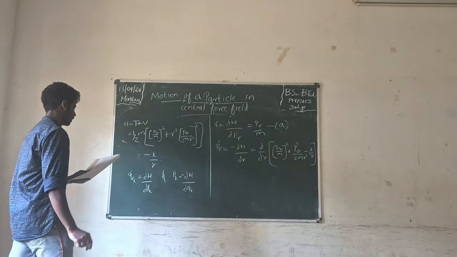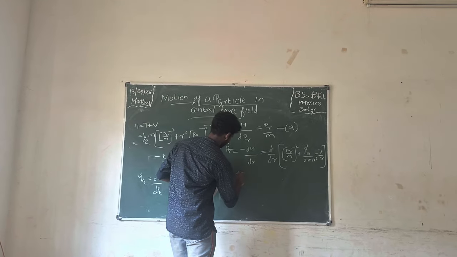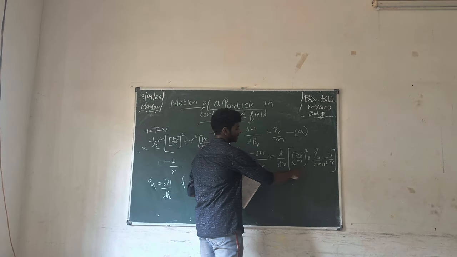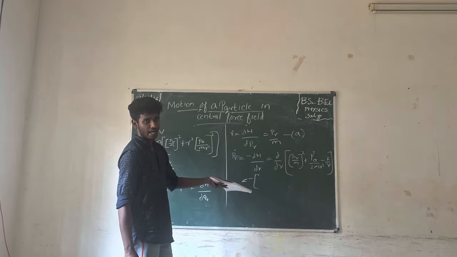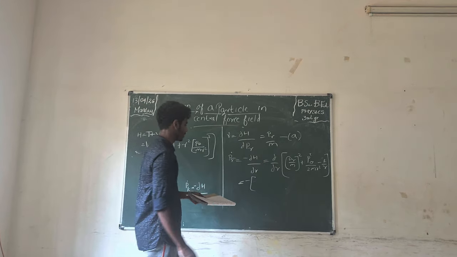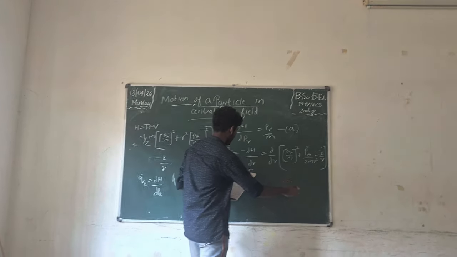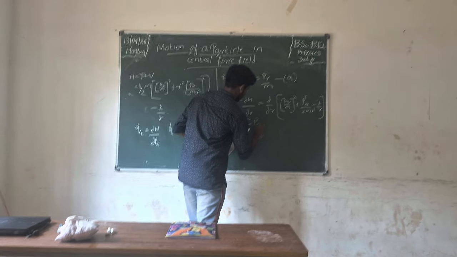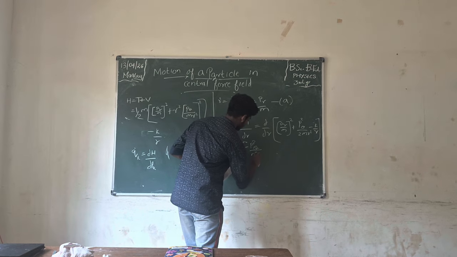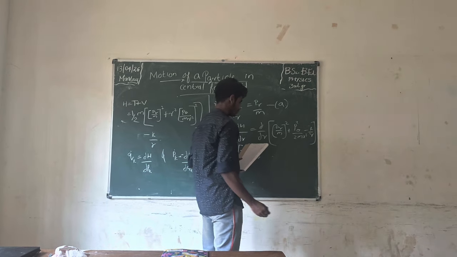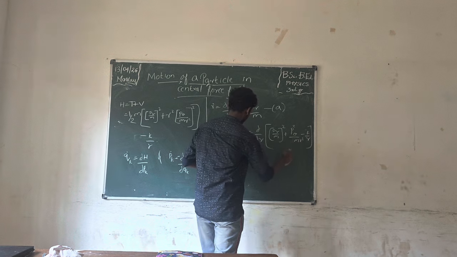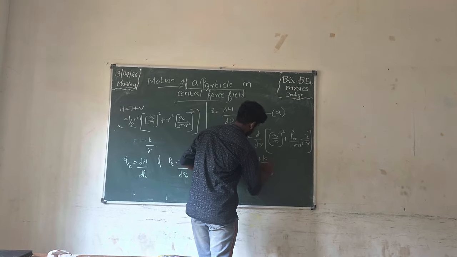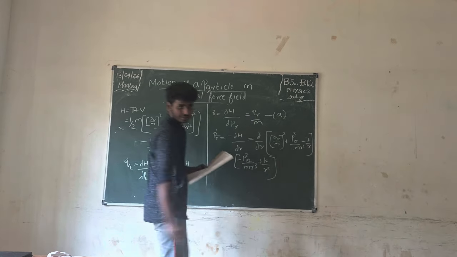Okay. And we will get it as minus. Here, this term doesn't contain any of the r value, so we don't have to consider that. So we will get minus of P square theta by m r cube plus k by r square.